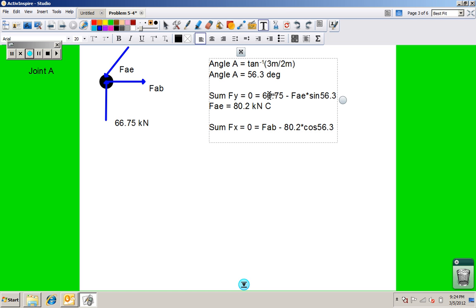When I solve that, I get FAB is equal to 44.5 kilonewtons. I drew it with the arrow pointing away from the joint, and so it means that it's in tension. Alright, so that is joint A.